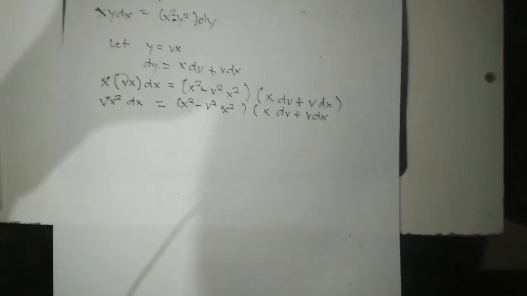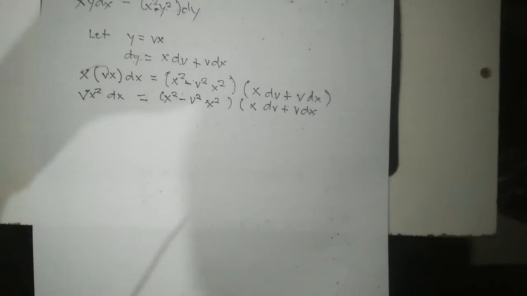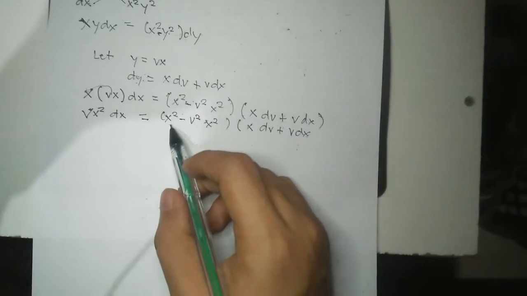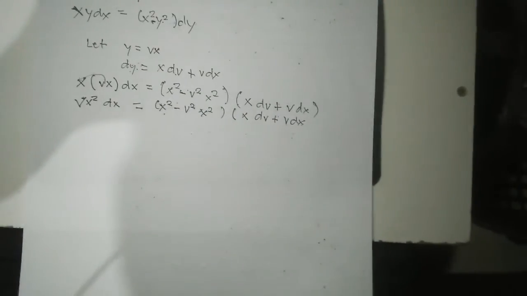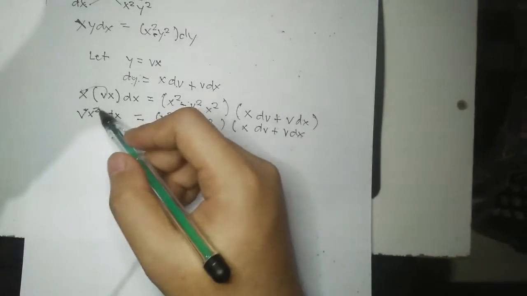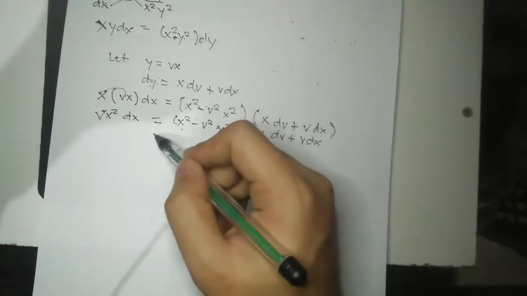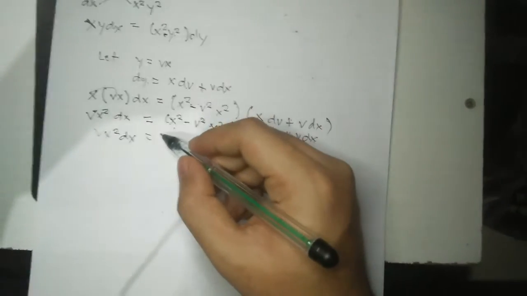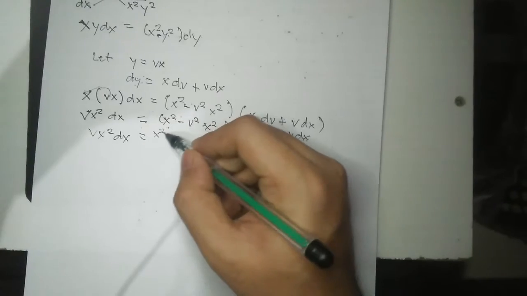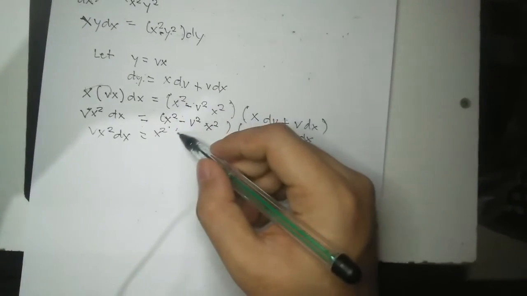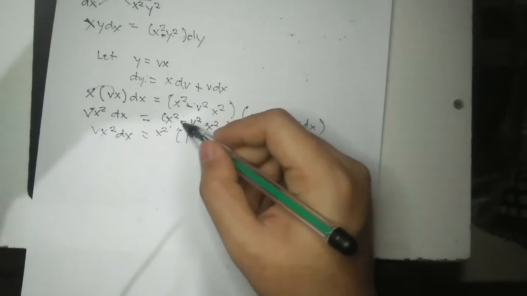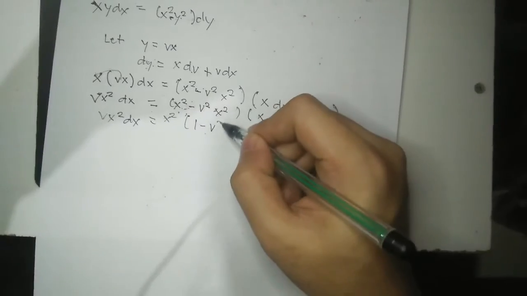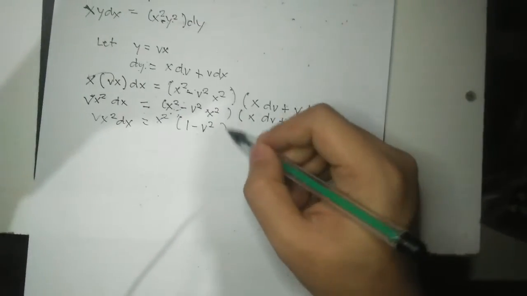So now, as you can see, we can factor this x. I mean, this will be, yeah, we will be factoring that out. So v dx is equal to x squared times 1, since its constant is 1, so times.